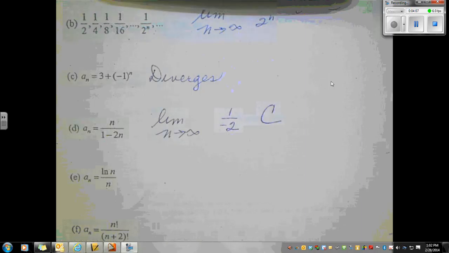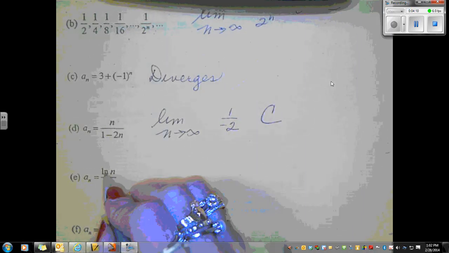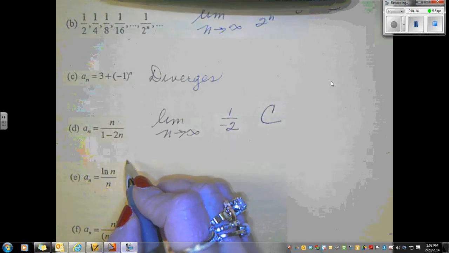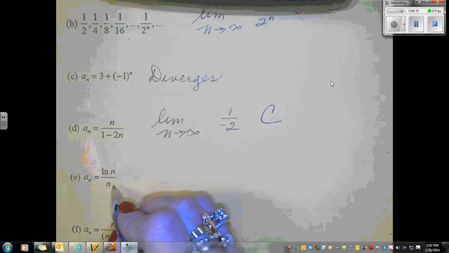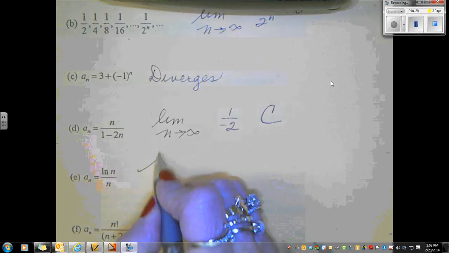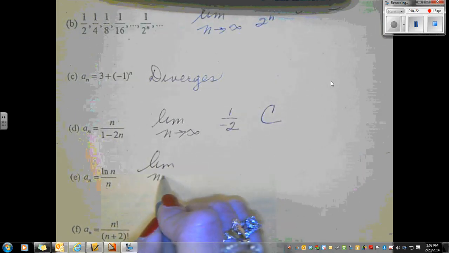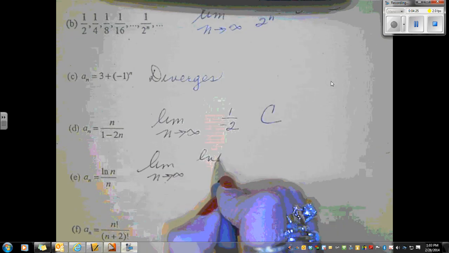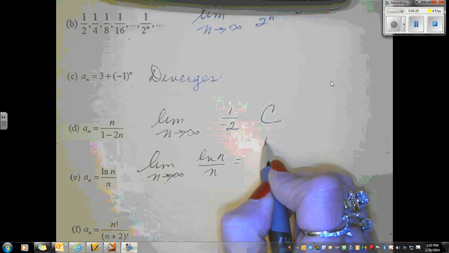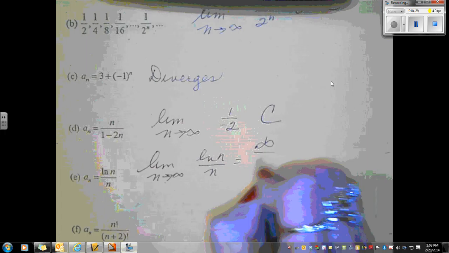Okay, now let's think about that for a minute. What is ln of a big number? Okay, so I have infinity over infinity, don't I? So couldn't I use L'Hopital? Yes. Okay, limit as n goes to infinity of ln of n over n. So I get infinity over infinity.